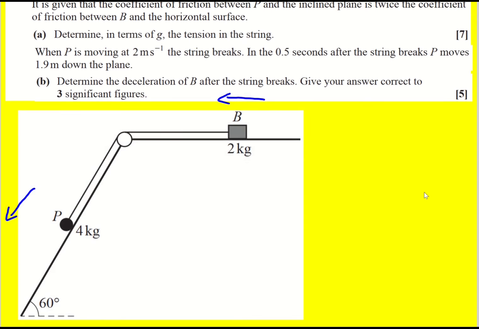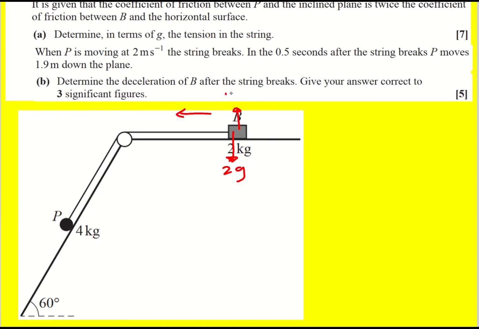Okay. So first up, I'm going to deal with the forces on B. Well, we've got its weight, which is going to be mass times gravity, 2g. And then we've got the normal reaction force. But there's going to be motion that way.